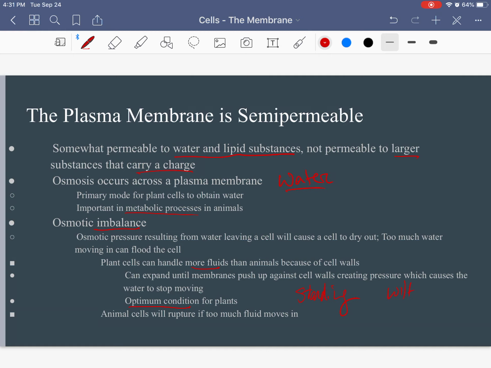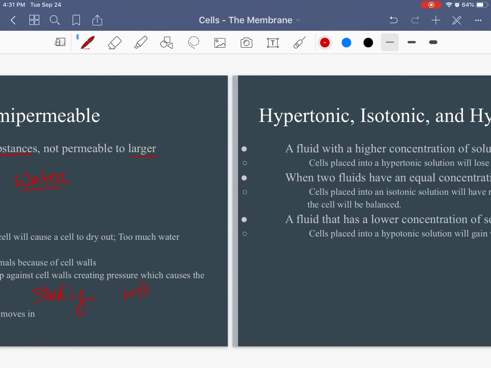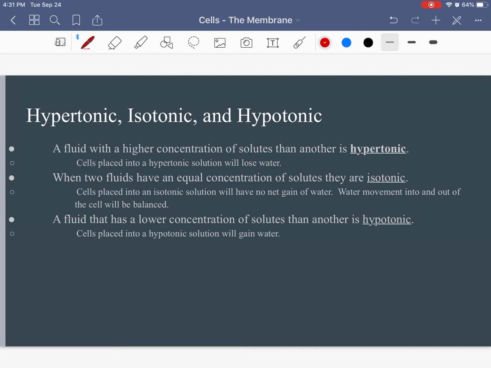Animal cells are a little bit different though. If too much water is added, they will rupture or lyse. All right, so when they're breaking, they are lysing. And different types of water concentrations will lead to these different conditions. A fluid that has a higher concentration of solutes than the concentration of solutes inside a cell is considered hypertonic.